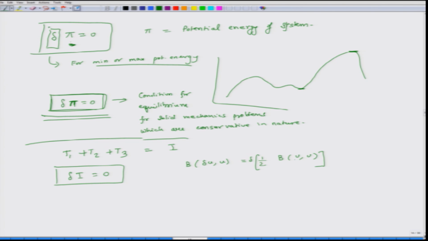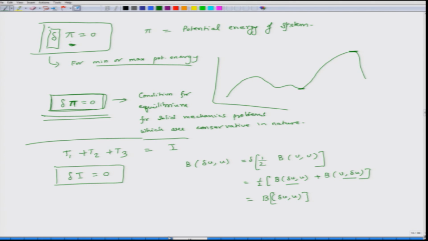I first take the variation on the first thing, so I will get half B of this thing. This is equal to half B, right, and because this is linear and symmetric in U, this is nothing but B of the variation and U.